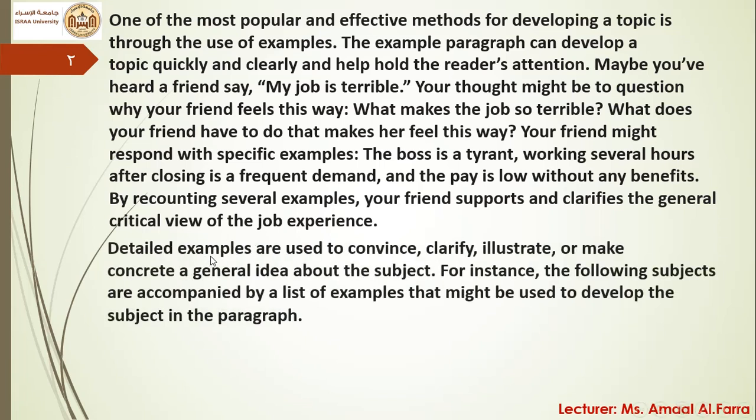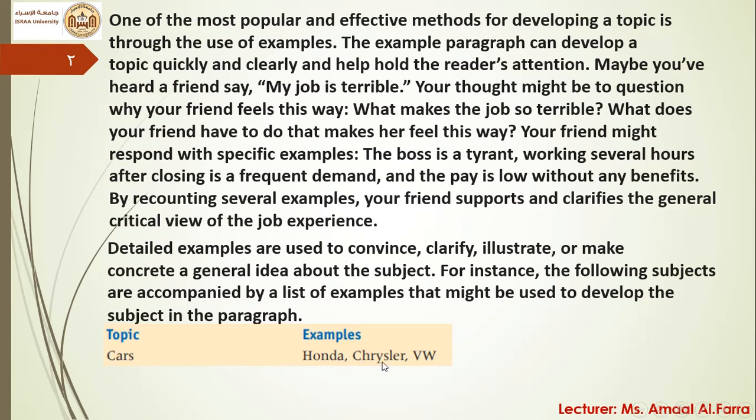Detailed examples are used why? To convince, to clarify, and to illustrate, and to make a concrete general idea about the subject or the topic. For instance, the following subjects are accompanied by a list of examples that might be used to develop the subject in the paragraph. Let's see these examples. For example, if the topic is about cars, we have to mention examples of these cars, like what?